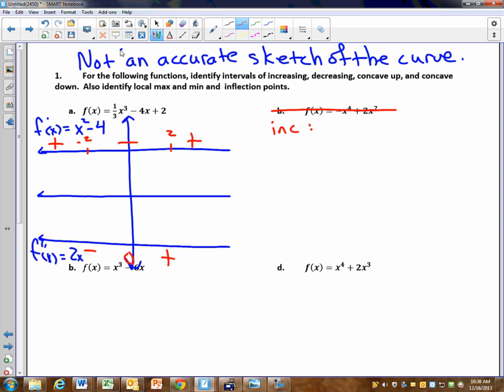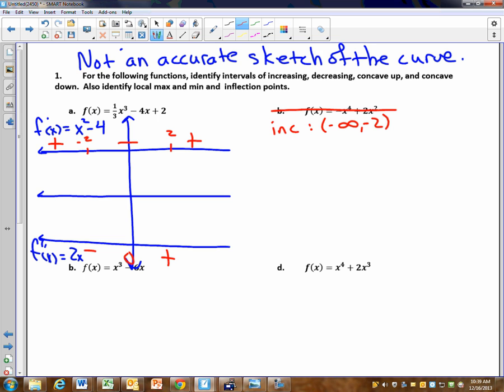Intervals of increasing. Can somebody tell me where this function is increasing? Very good. Negative infinity to negative 2. Hold on. Does anybody not see where we get that? The function is defined to be increasing when the first derivative is positive.